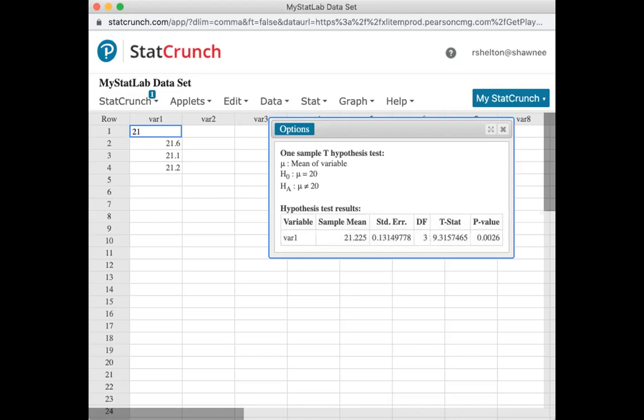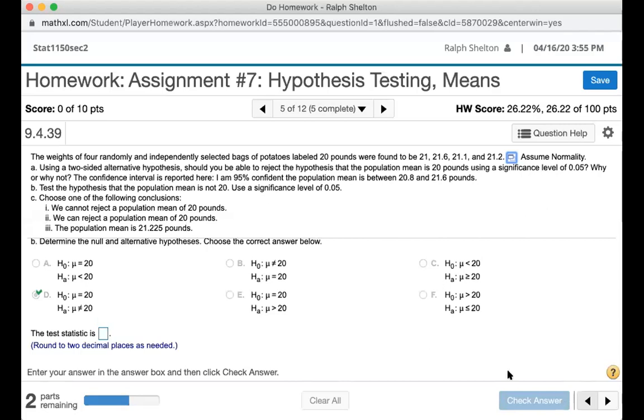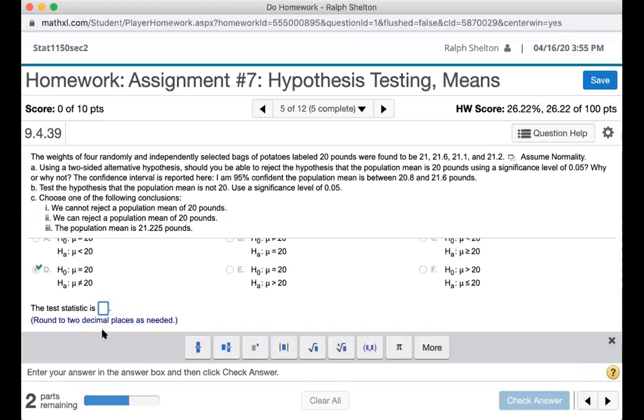Let's go back to the problem. I think I gotta change the share again. Reshare, select it. And there, okay, you should be able to see it. The test statistic, it wants it to 2 decimal places. And so that's 9.32.